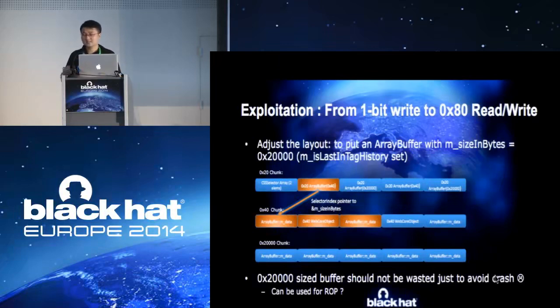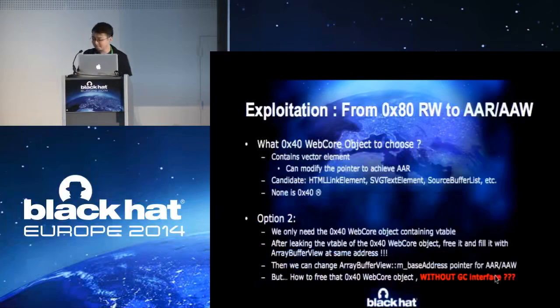If we set it, we will of course cause some byproduct. It will have an additional 0x20,000 chunk, a lot of those buffers. And of course, those buffers will not be wasted just to avoid the process crash. We can use those big buffers to store the ROP gadget later on.